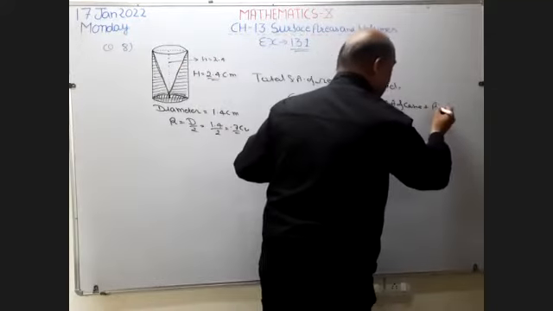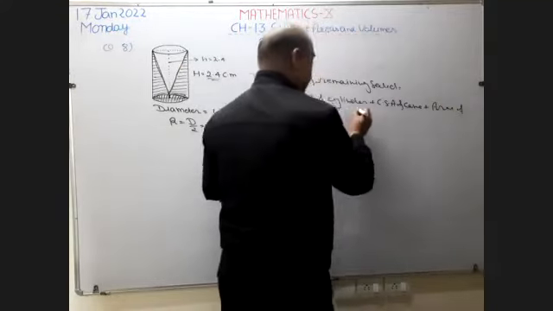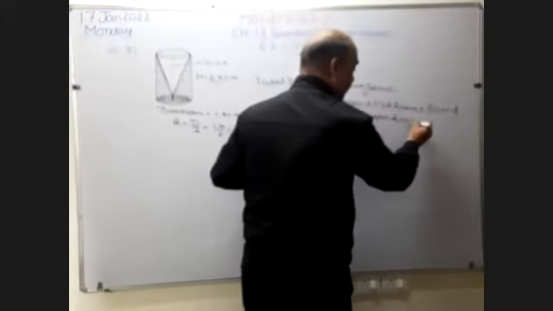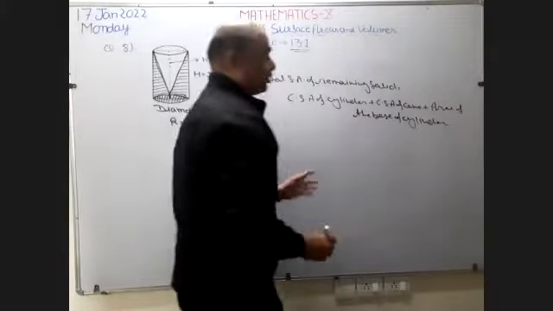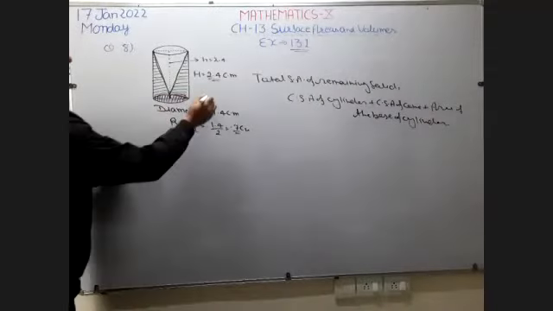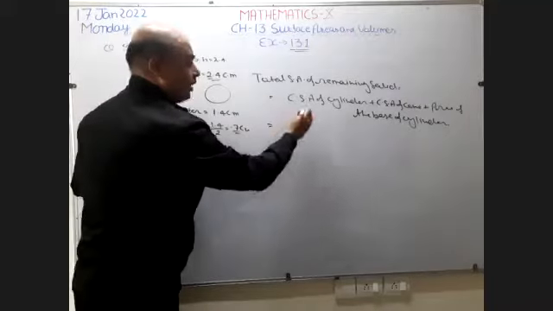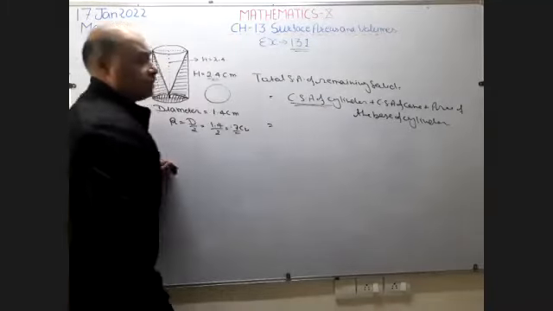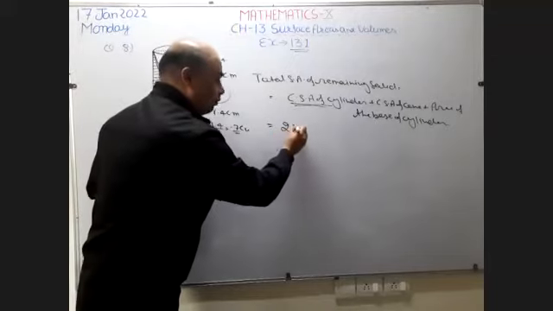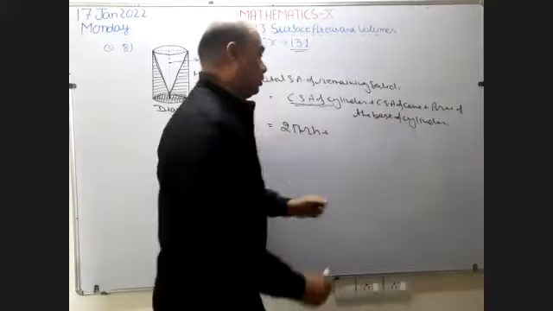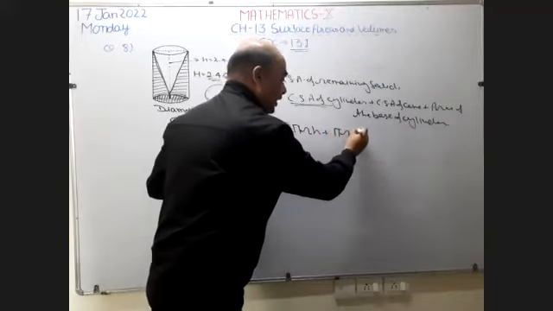So right here, area of the base of the cylinder. The area of the base of the cylinder is the shape of a circle, so the area of the circle is left. Now you know the formula. The curved surface area of the cylinder is 2 pi RH, plus the curved surface area of the cone, the formula is pi RL.